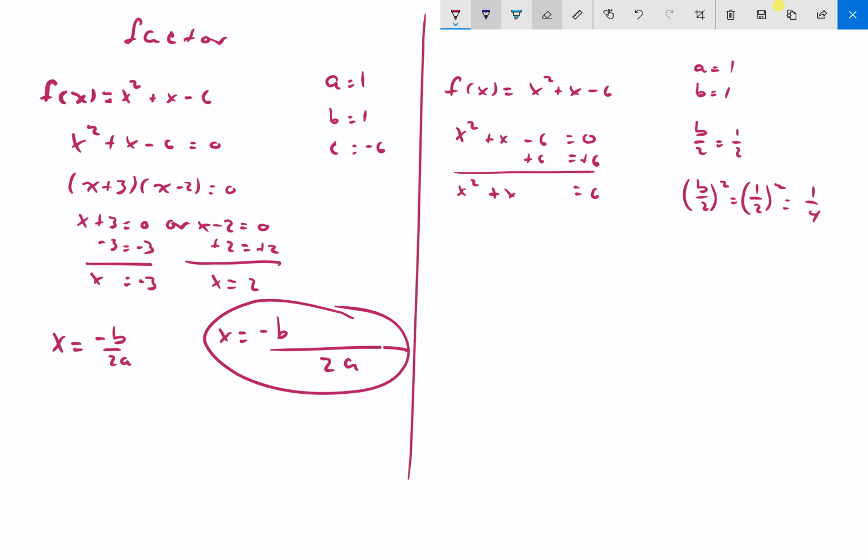So here I'm going to plug it in. x equals -1 over 2 times 1, which is -1 over 2, which is x equals -1/2.